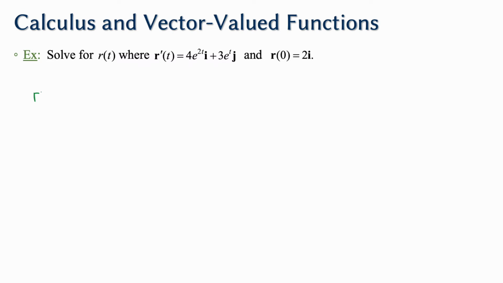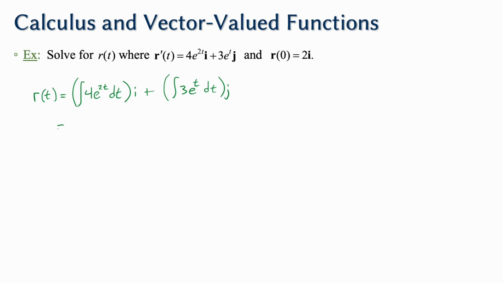So of course, to find r of t, we're going to have to take the integral of 4e raised to the 2t with respect to t, times i. And then again, we're going to take the general antiderivative of 3e to the t with respect to t, j.